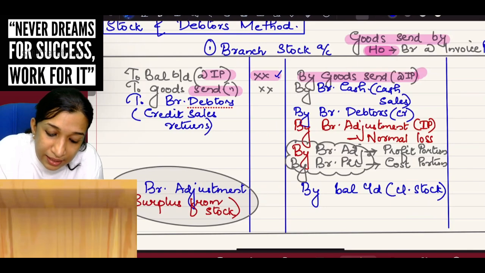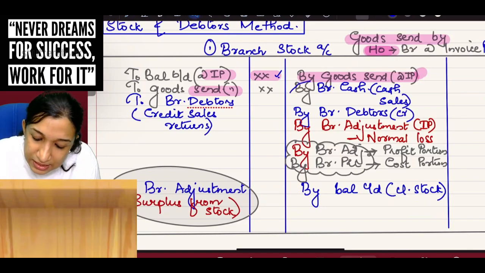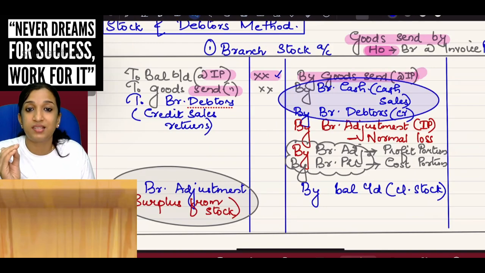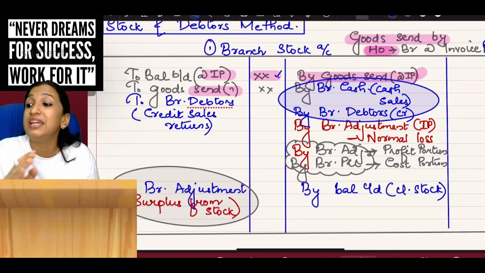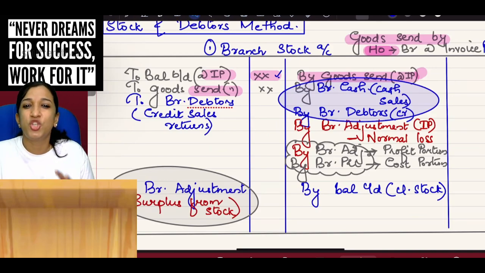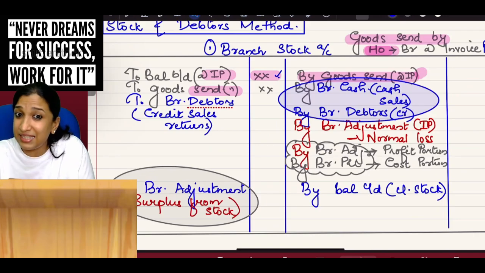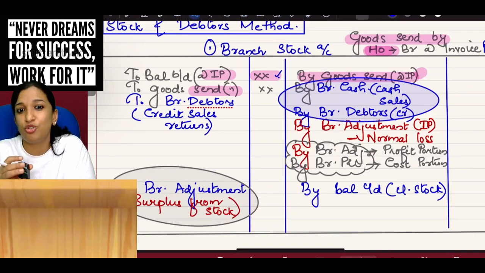Now the next important one is sales. What is the journal entry for sales? Never write by sales, by cash sales, by credit sales, don't write. If it is cash sales, the journal entry should be branch cash to branch stock.